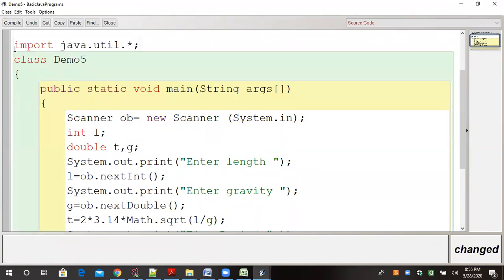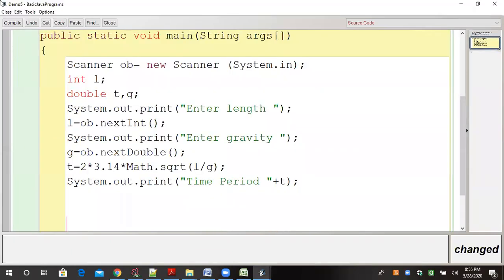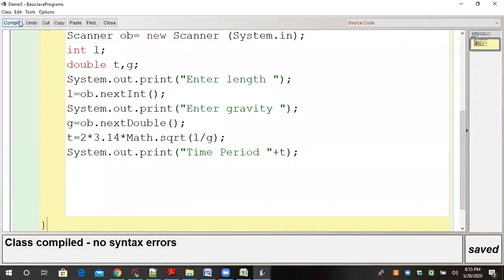Now it is absolutely fine, no syntax error. The code is compiled. Without successful compilation, we cannot go for execution. Compilation means it will only check whether there is any error in our program or not. If there is no error, then we can go for the execution.